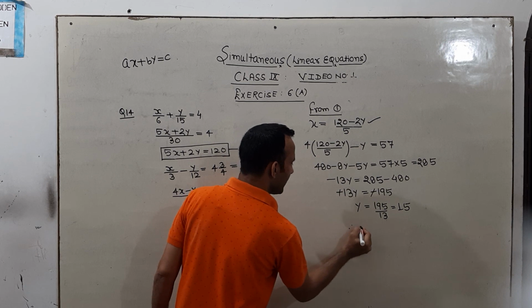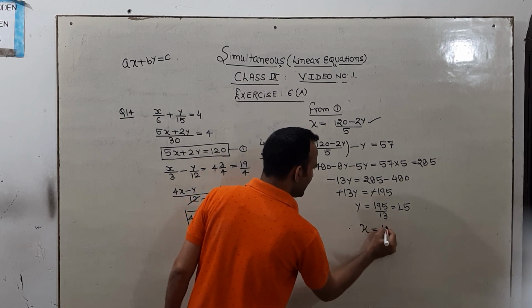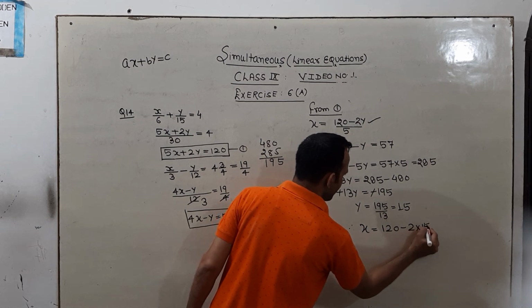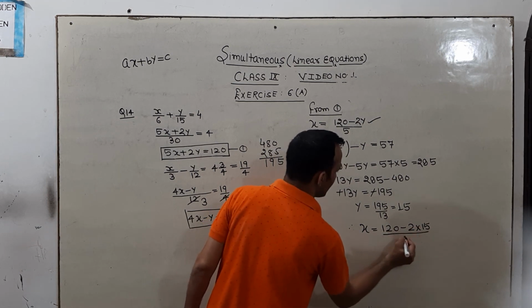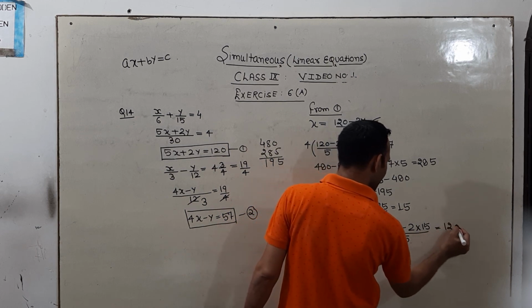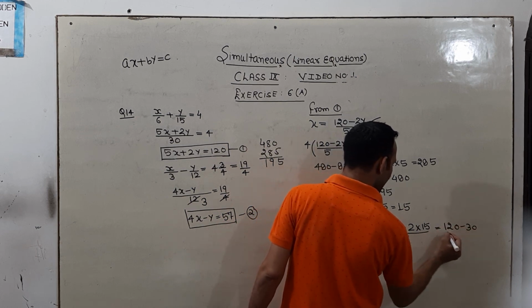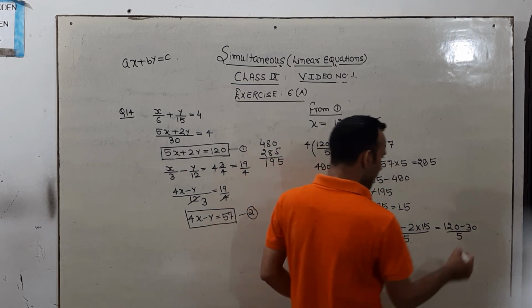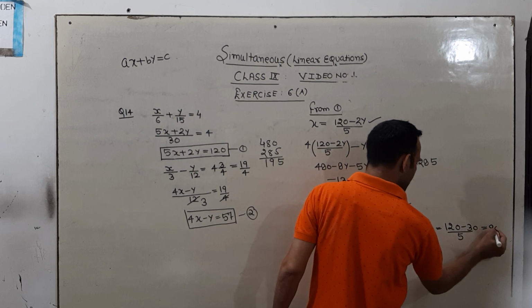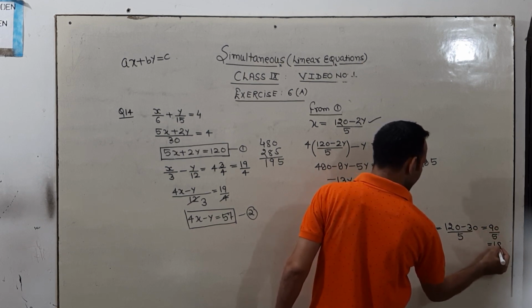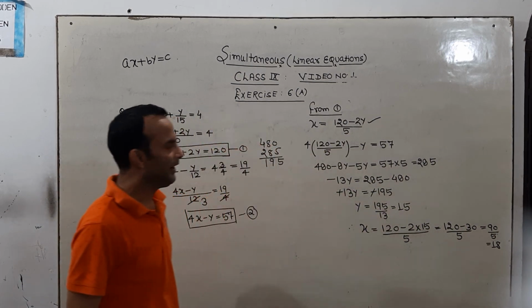So therefore x is equal to 120 minus 2 into 15 upon 5. This is 120 minus 30 upon 5. Okay? This is what? 90 upon 5. 5 1 5, 5 8 40. So the value of x is 18.